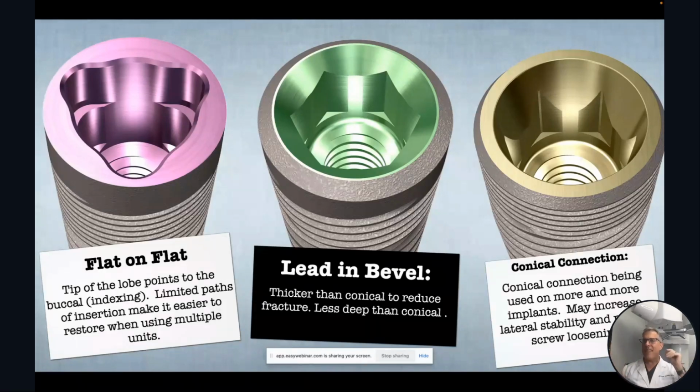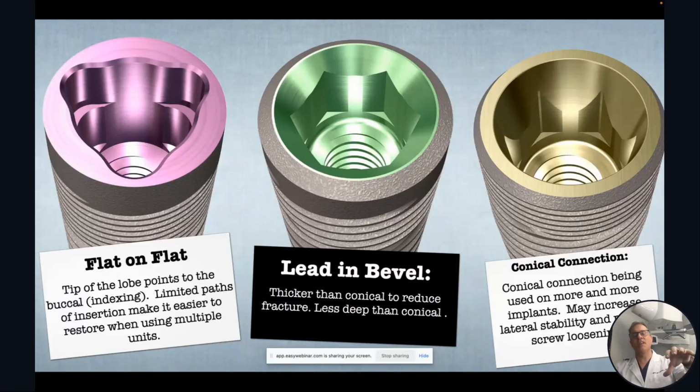Now let's take a look at the thicknesses of these 3 internal connections. If we look at the Trilobe design, one common problem that we found with Trilobe type implants was where those triangles are, look at how thin the implant is. So these types of implants were more prone to breakage than our implants of today. The thickest one is the Lead-in Bevel, the internal hex design.